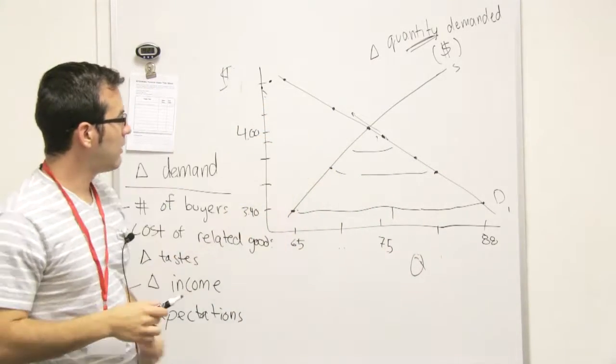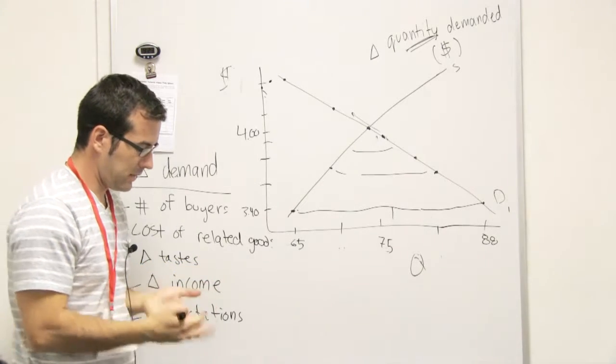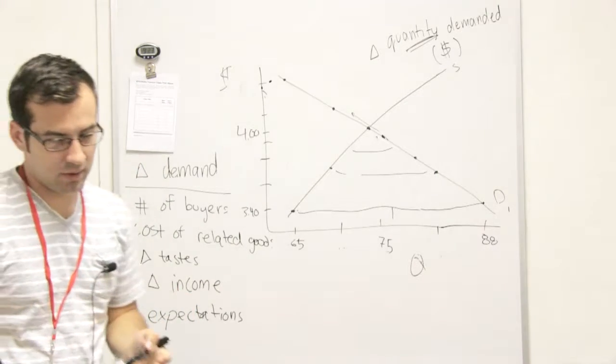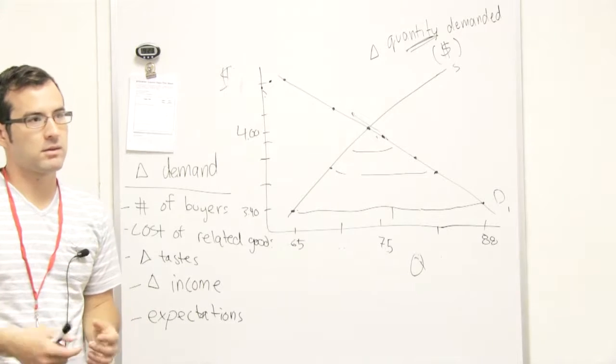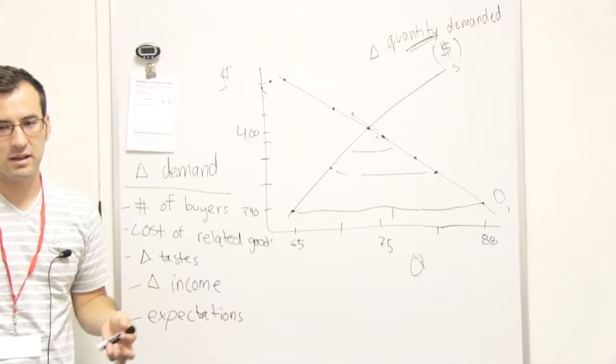Okay. And if you think about what that means, what's a good example? Take a computer, maybe the MacBook. They're right around $1,000, I think.